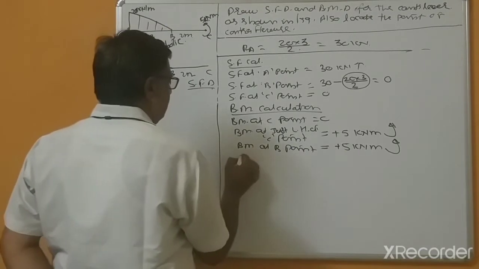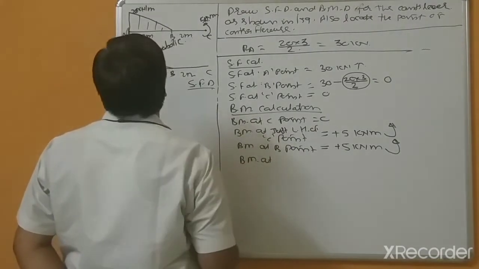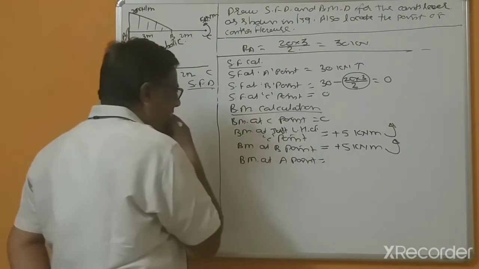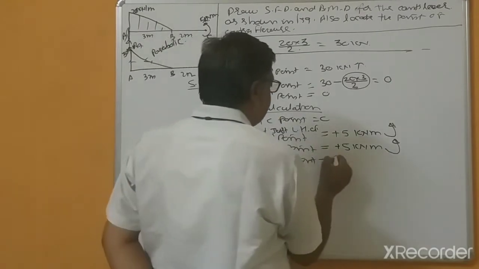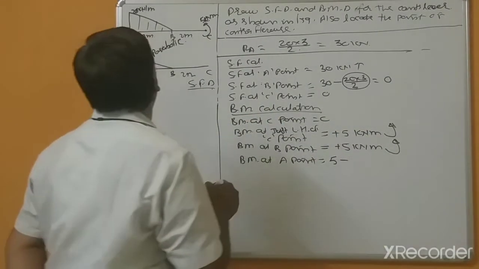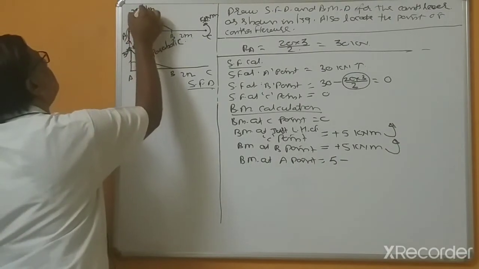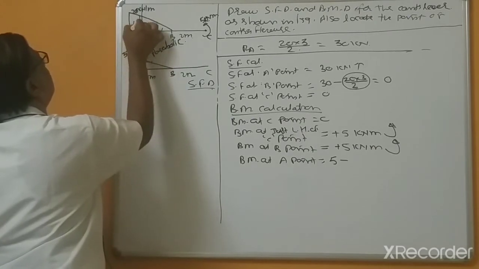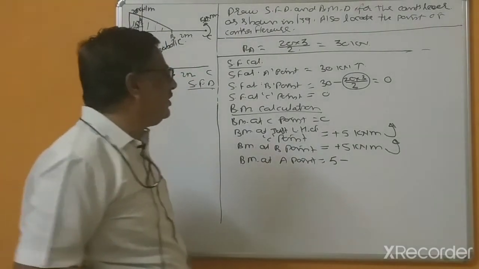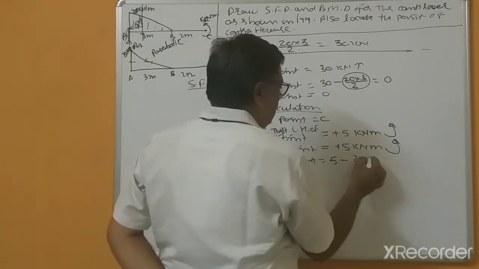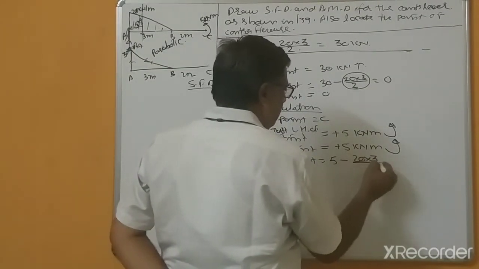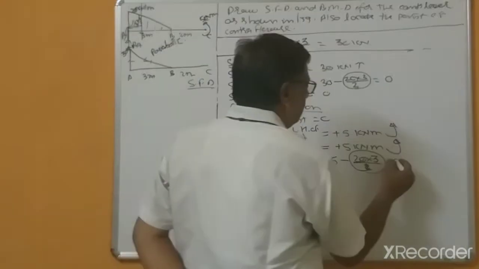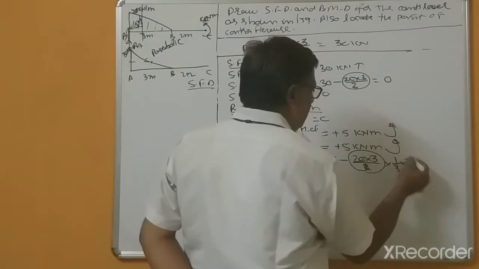Next, bending moment at A point. This is the end point of the cantilever beam. This is plus, minus. Now the center of gravity is located at 1/3 of the distance. So 20 into 3 divided by 2, this is the shear force, and 1/3 of its distance.